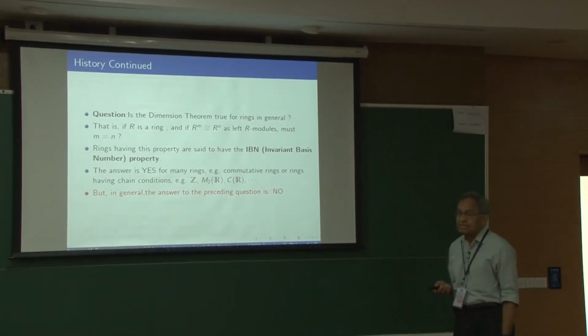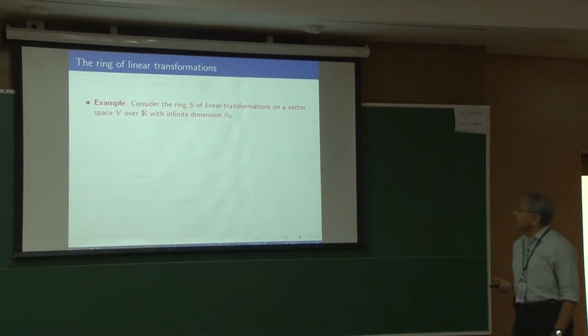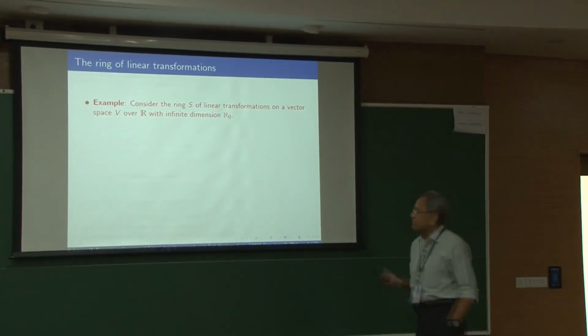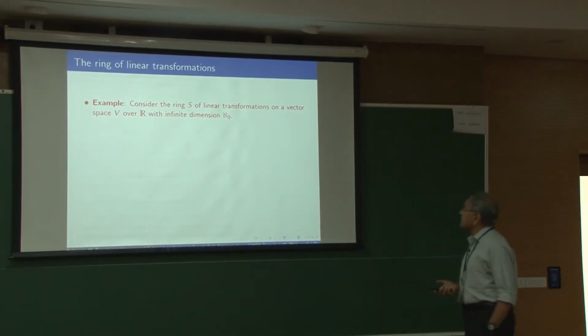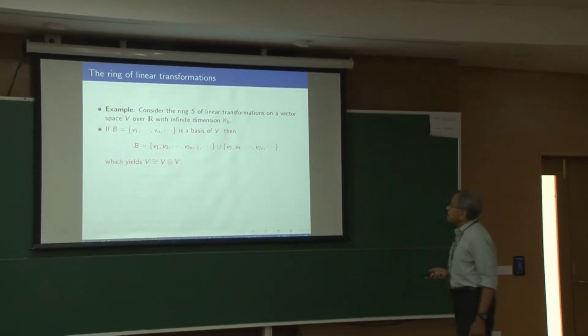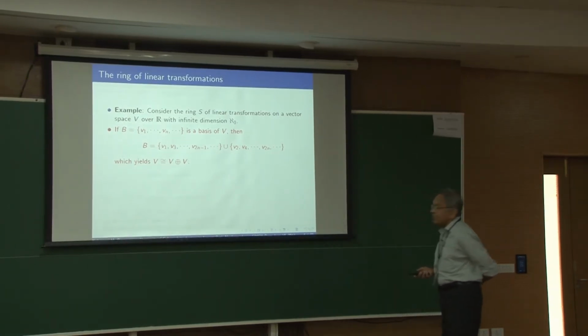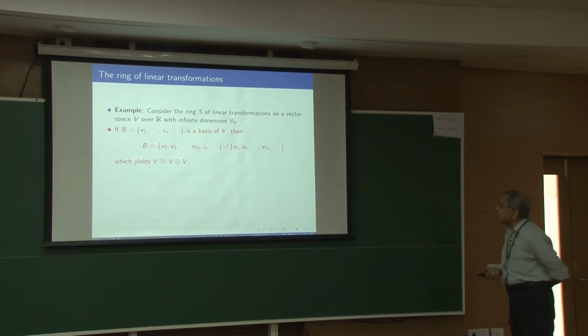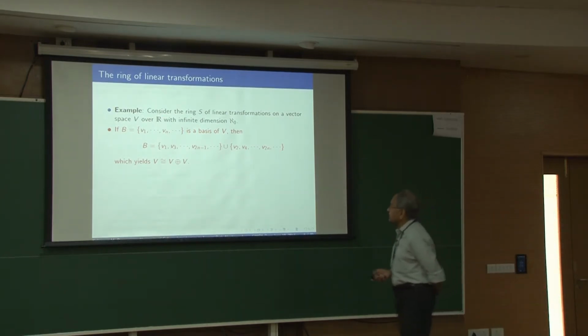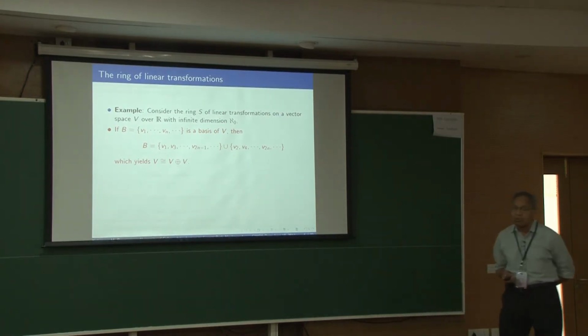One of the well-known easy examples is to consider the linear transformations of an infinite dimensional vector space, of infinite dimension aleph naught. If B is a basis of vectors b_i, one for each positive integer, we can divide B as a union of vectors with odd coordinates and a set of vectors with even coordinates.